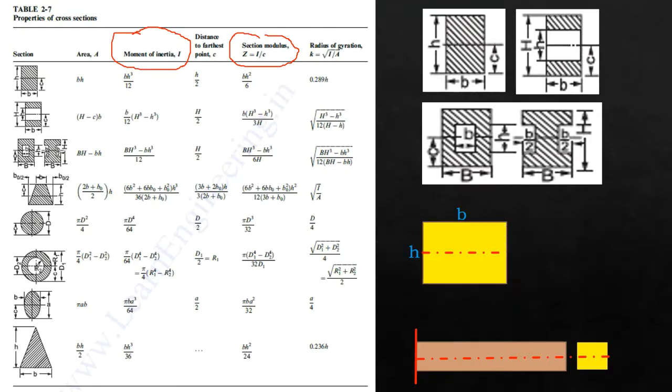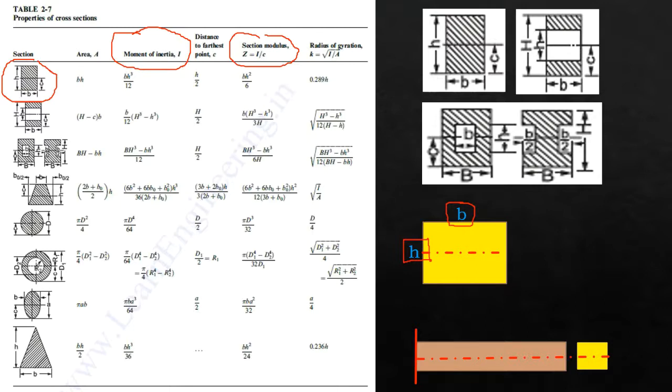Note that in this table, especially in case of rectangular cross section, the dimension B is exactly parallel to the axis and the dimension H is perpendicular to the axis. The same notations will be used while solving the numericals.